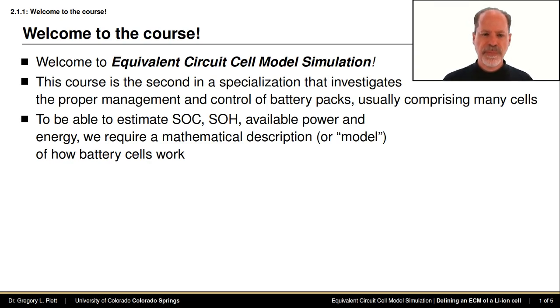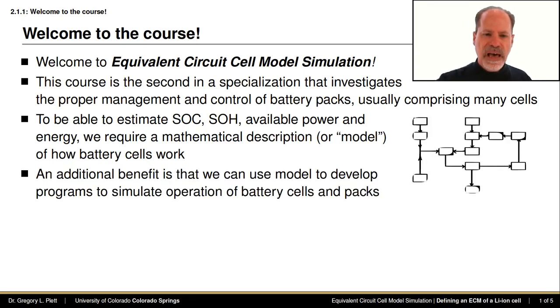of this course. Once we have the equations that describe a model, an additional benefit to having that model is that we can use it to develop computer programs to simulate how individual battery cells and battery packs will operate in a realistic environment.